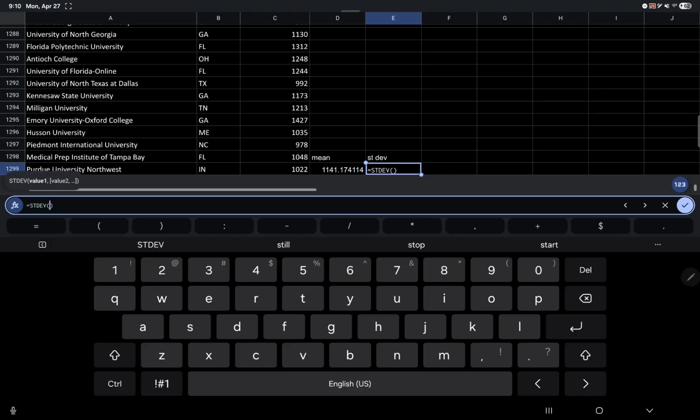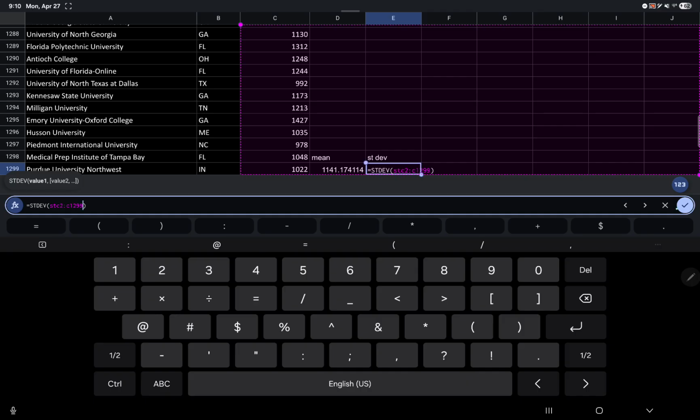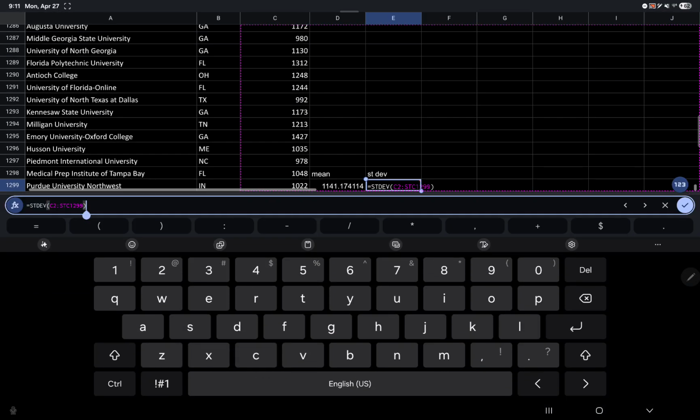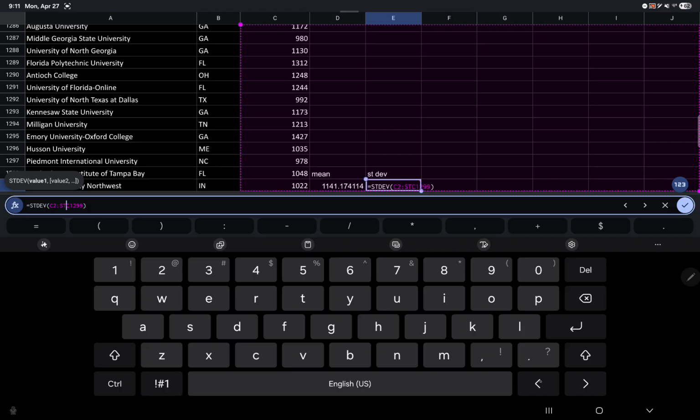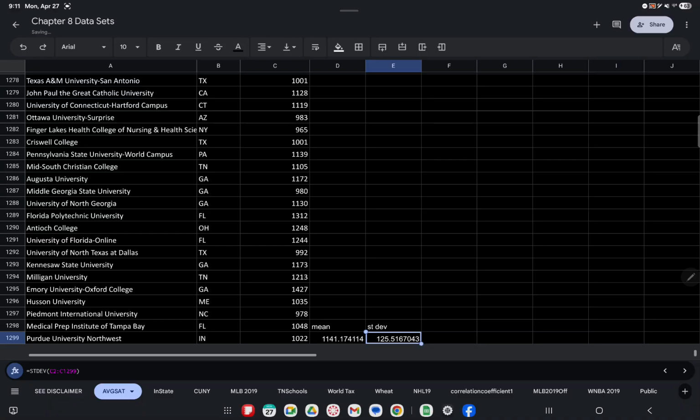Standard deviation of that same data set. So C2 all the way to C1299. Oh, it didn't like that. Try again. There we go. So standard deviation of 125.517.